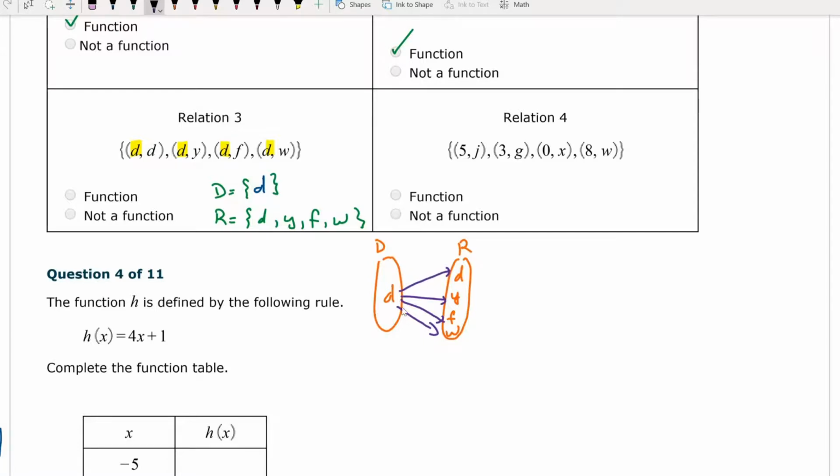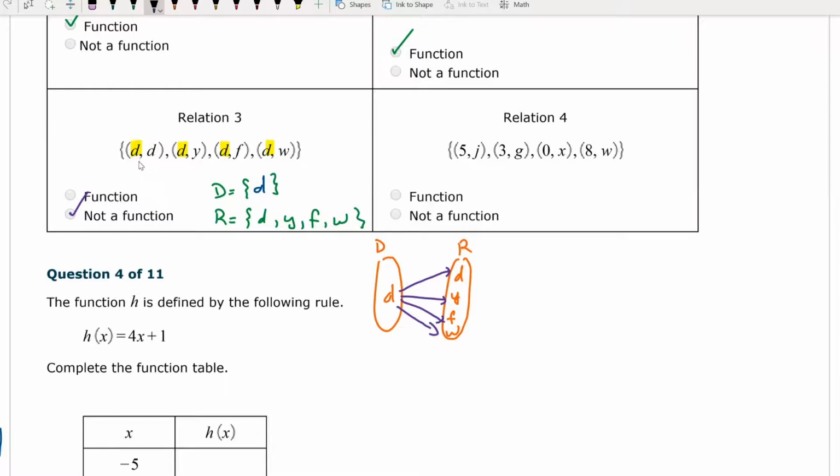We only have one person here, D in the domain, and it's going to 4 different places. One person cannot be in more than one place at the same time. So D going to 4 different places is not possible, so it's not a function.